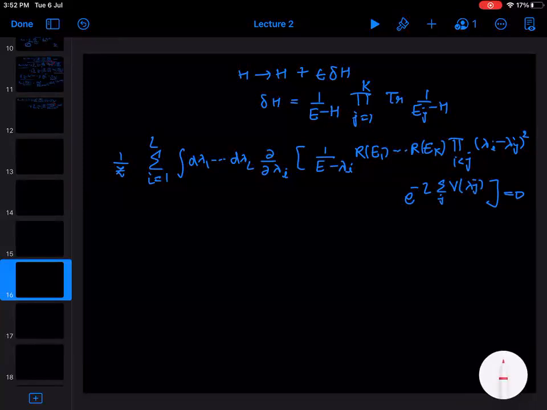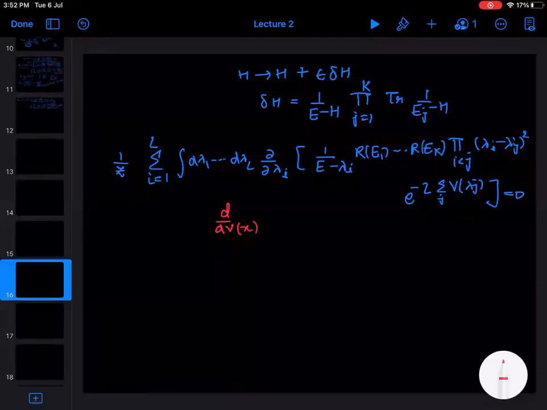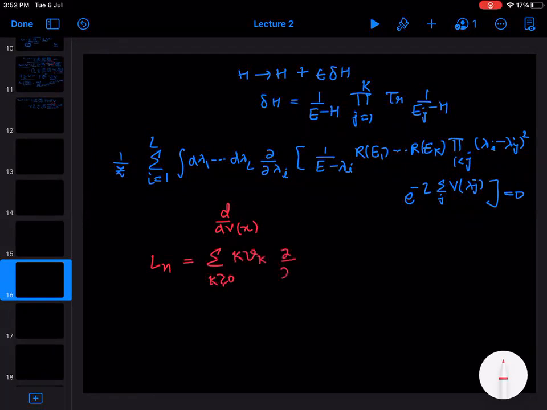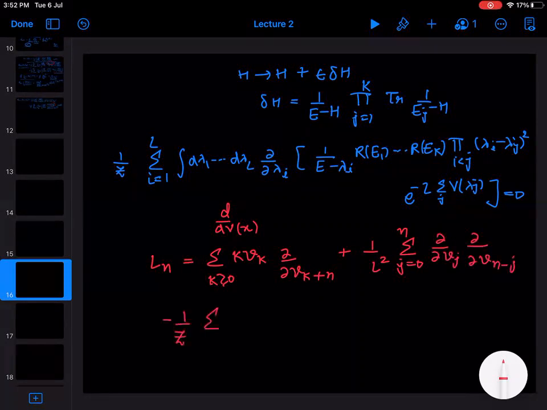You had your loop insertion operator, dV of x. If you want to use them, then you can define another operator from these, and just write this equation.